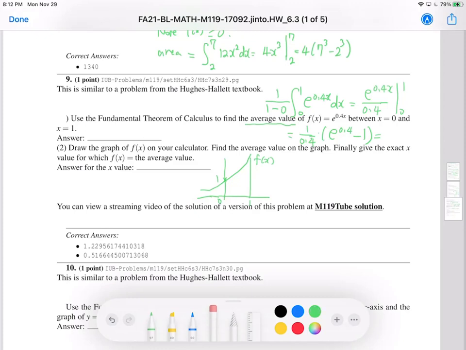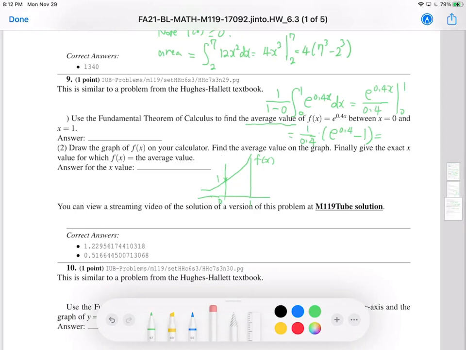Okay, how do you compute it? And the average value on the graph. If you use a calculator, the average value is 1.22 something.